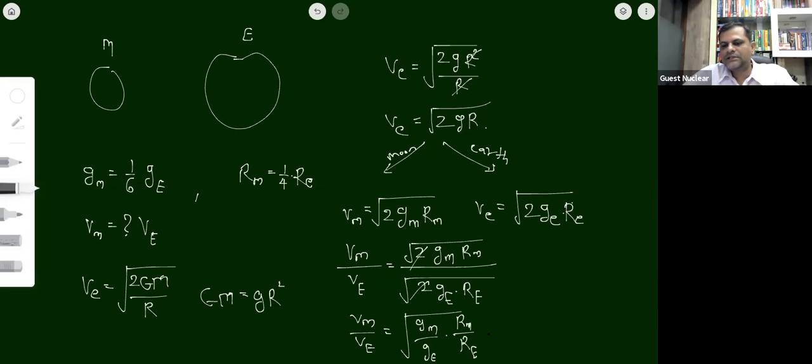So that we can just get this as root of, what is this, g_m upon g_e कितना है, अगर ये g_e को हम नीचे लेके जाएंगे तो ये 1/6 हमको मिलेगा उसका रेशियो, करेक्ट है. तो इसलिए यहाँ पे हम 1/6 डाल सकते हैं डायरेक्ट.